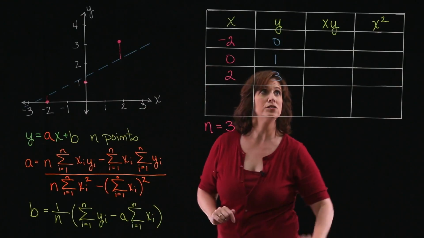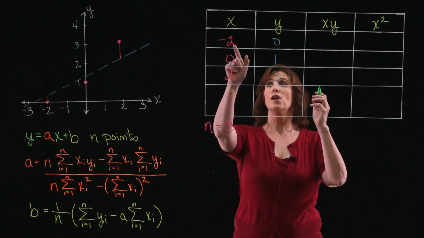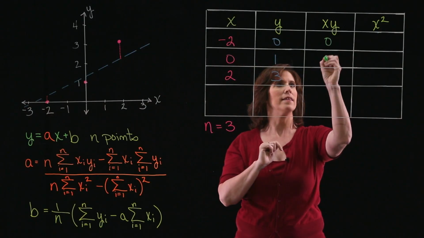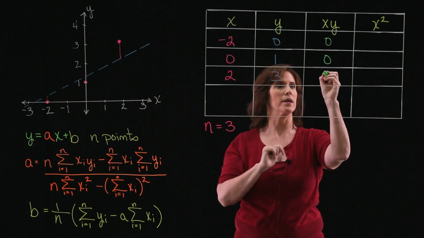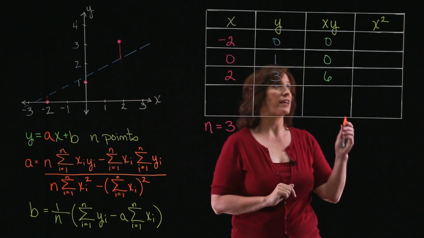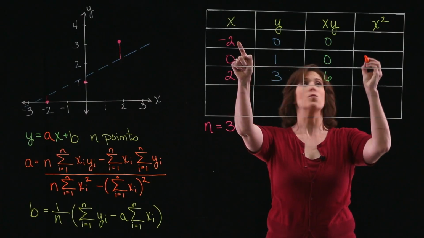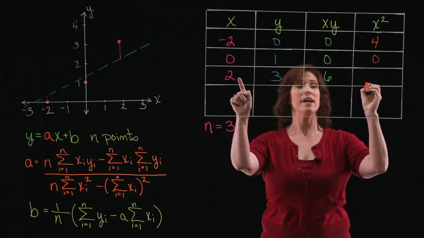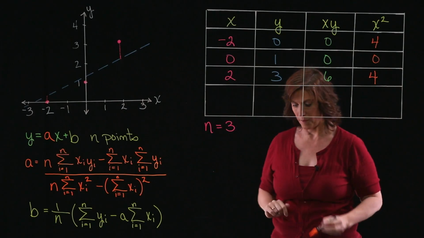I'm also going to need the product. So -2 times 0, that's 0. 0 times 1, that's 0. 2 times 3 is 6. And I'm also going to need the x squared. So -2 squared is 4. 0 squared is 0. And 2 squared is 4.